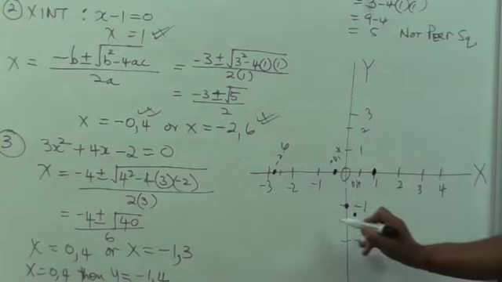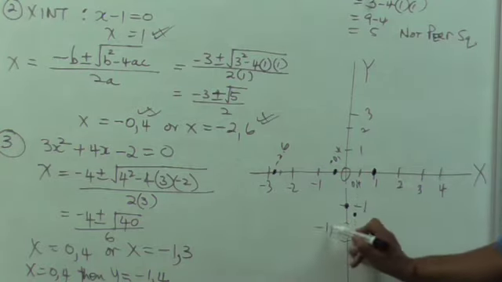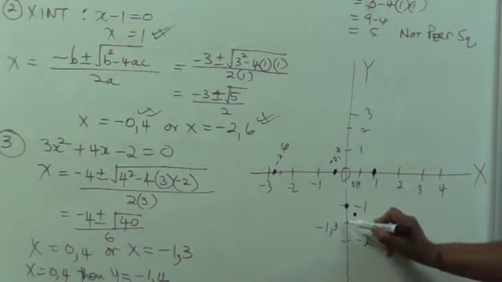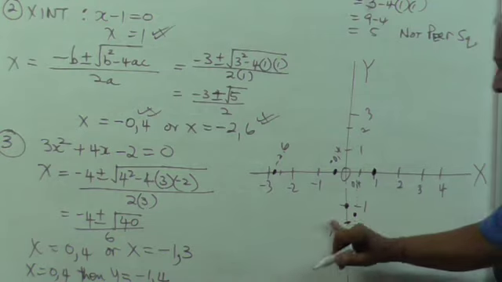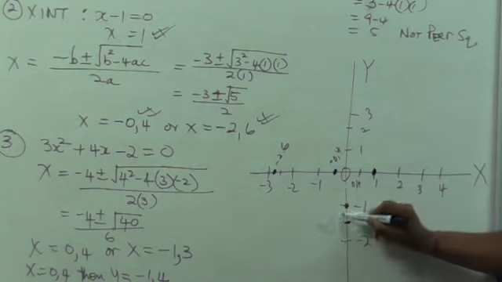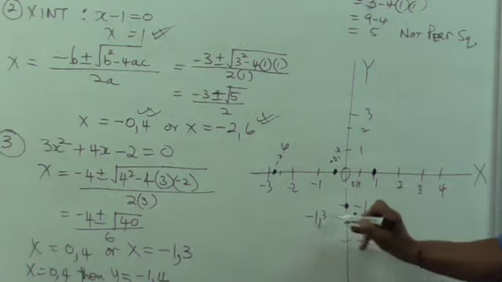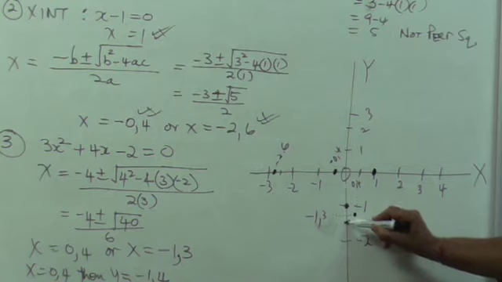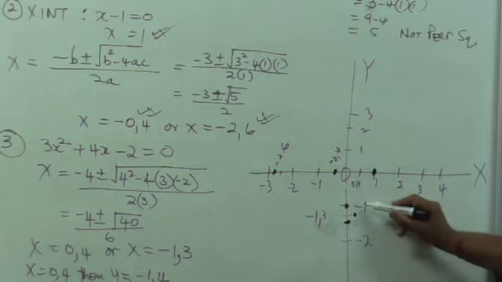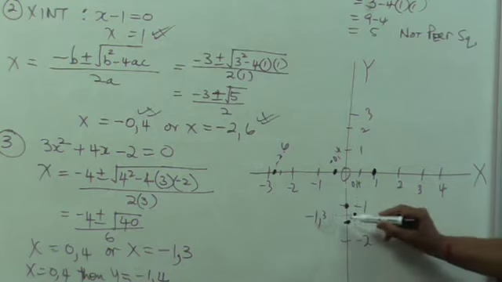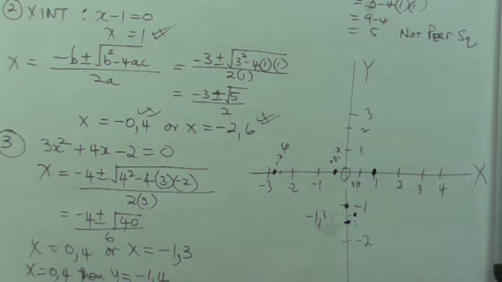Right, and this is minus 1 comma 3. Sorry, minus 1 comma 3 is here. Because this is minus 1 comma 5. This is 1, minus 1, minus 2, minus 1 comma 5, so minus 1 comma 3 will be there.